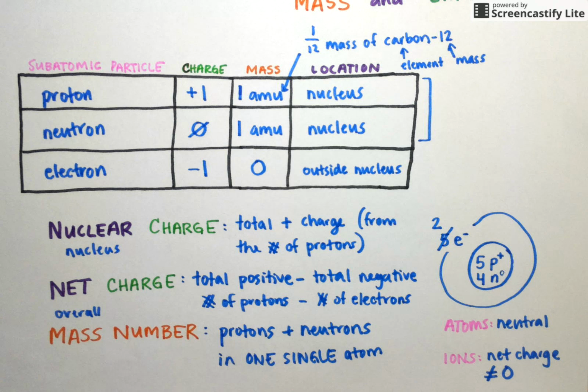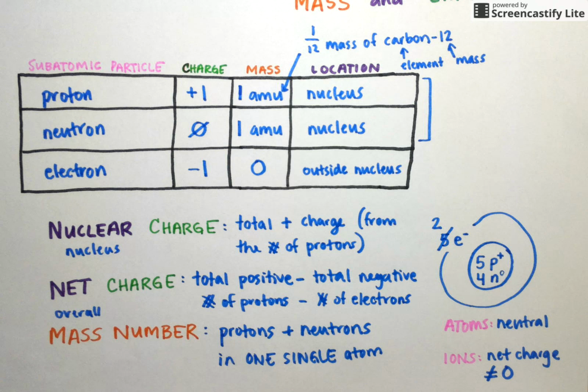Now, it'd be pretty boring if you only dealt with atoms, because by definition, an atom is going to be neutral. But if I start taking electrons away or adding them in, maybe altering this number from 5 maybe down to 2, what I see now is that my number of protons and number of electrons are no longer the same. I've got more positive protons in the nucleus than I do negatively charged electrons outside the nucleus.